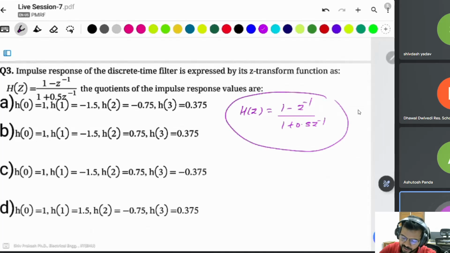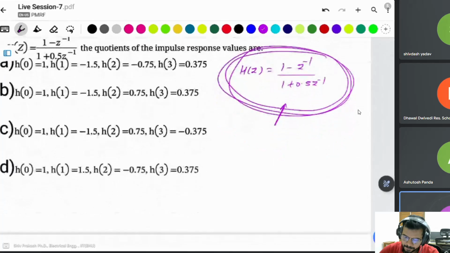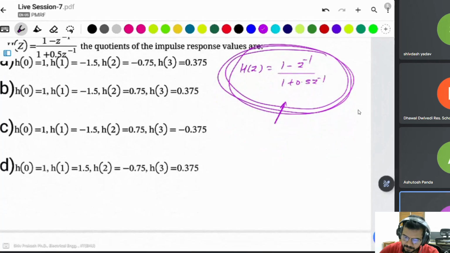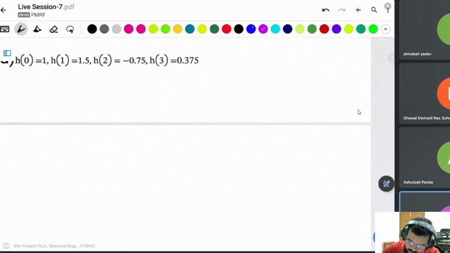Okay, how can you find the inverse Z transform of the system? This is also the same thing. Both are the same order. Okay, let's start solving the question.